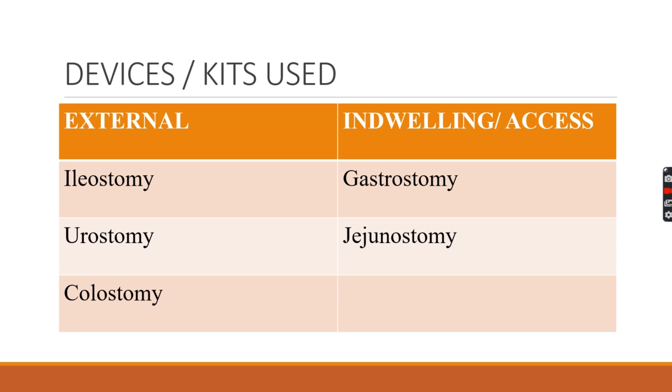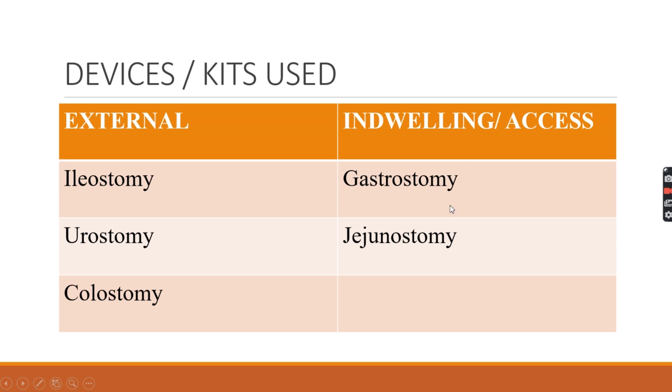The external devices or kits are applied over the ileostomy, urostomy, and colostomy, whereas indwelling devices or access points are usually seen in cases of gastrostomy and jejunostomy, right?